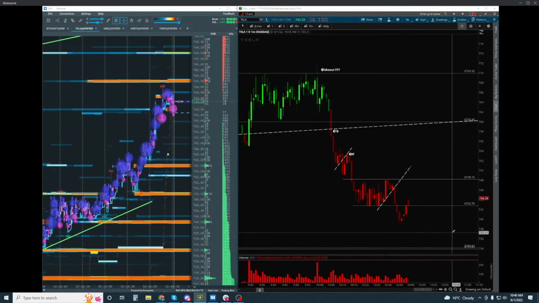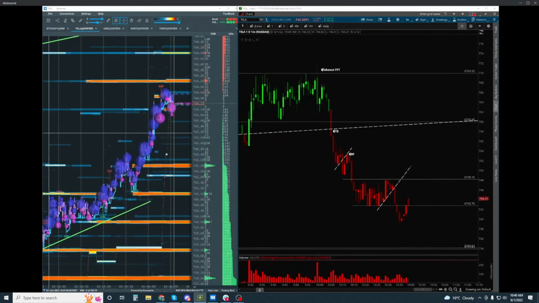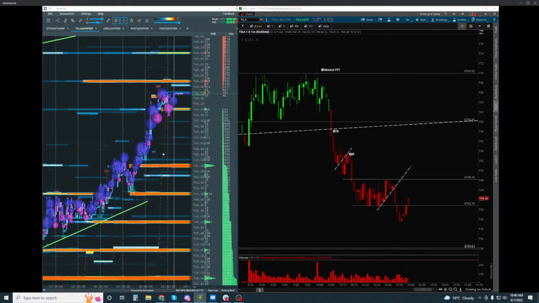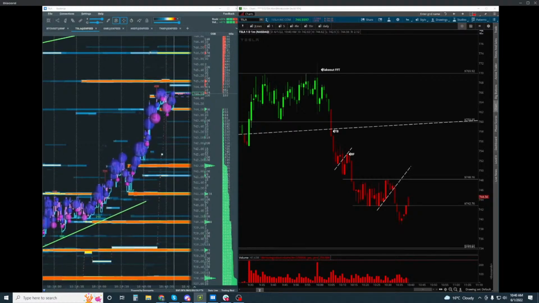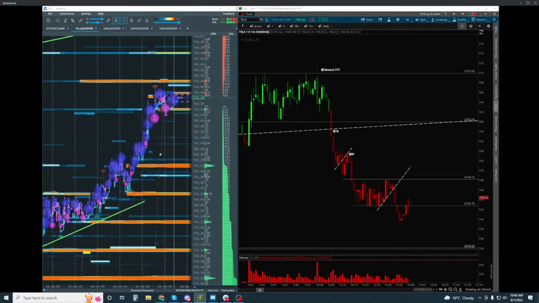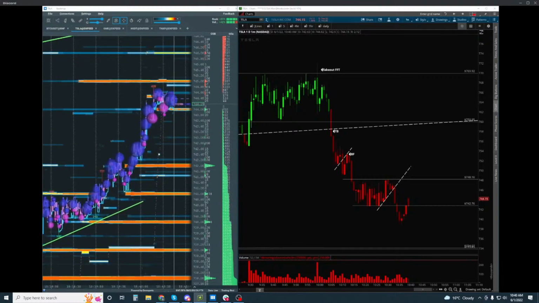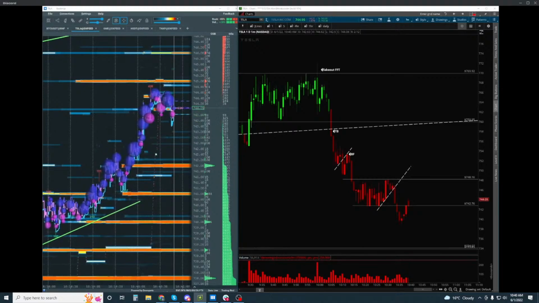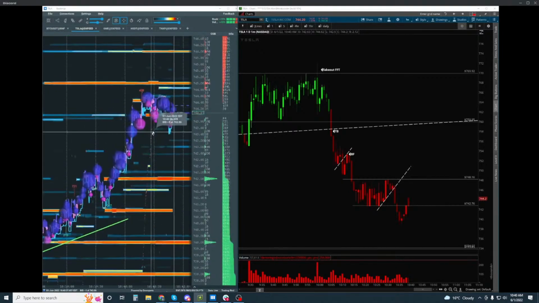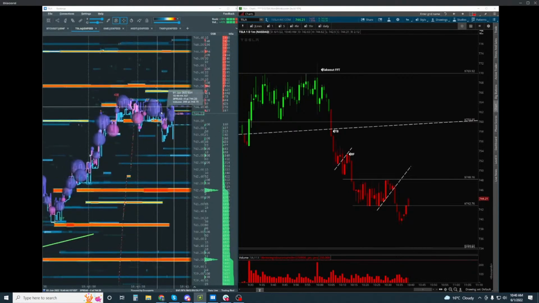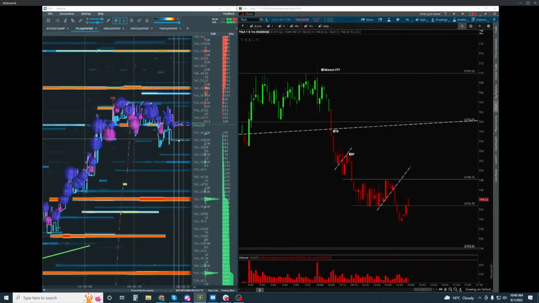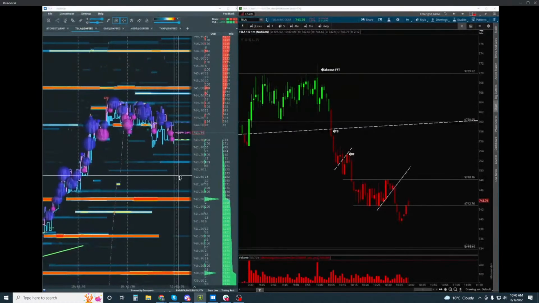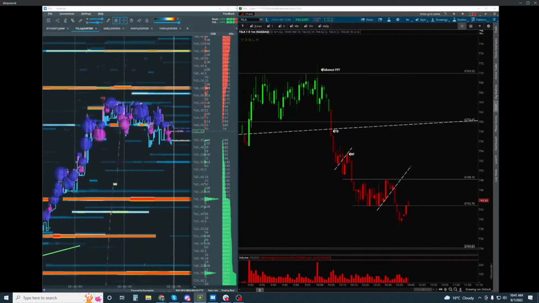We are above that resistance. We'll trail a little bit more if we go above 745. Let's see, possible weakness over here below 743 and a little bit of wash.